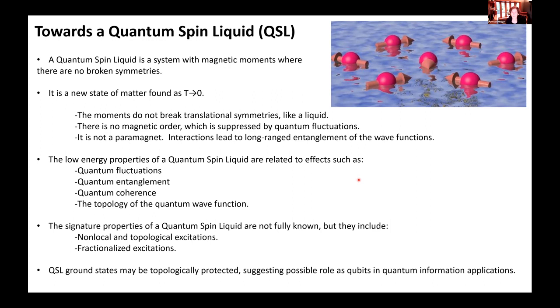Finally, we know that the topological characters are very important for the functioning of these materials as well. So from my own perspective, you have to ask and answer the question every day, which is, how would you know a quantum spin liquid if you saw one? The properties from sort of simple experimental perspectives are still a little bit on the mysterious side, but we understand that they would include, following the properties of the wave functions, that the excitations should be non-local and potentially topological.